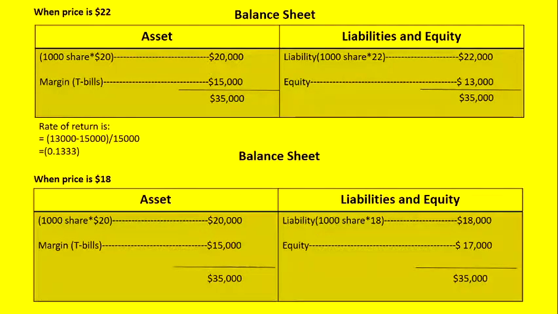On the other scenario, when the price is going down, that means when the price is $18, on the asset side it will be the same. The broker initially invests $20,000 to buy Intel shares, and your security margin is $15,000. There will be no change in this part.